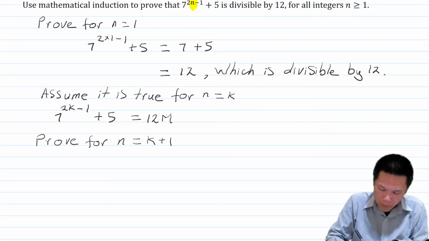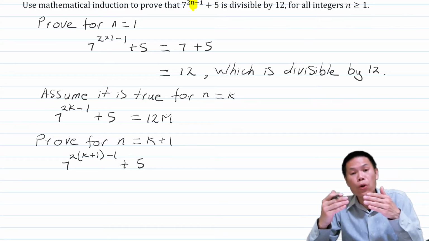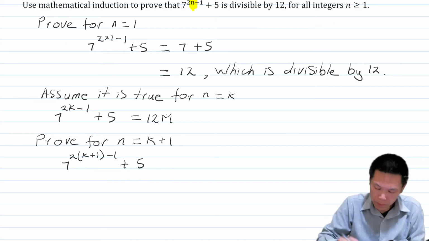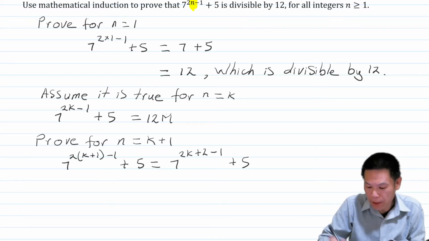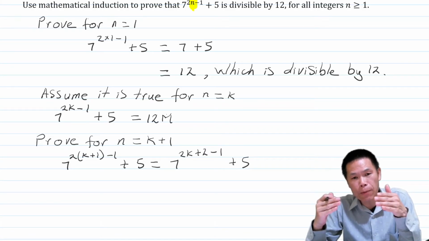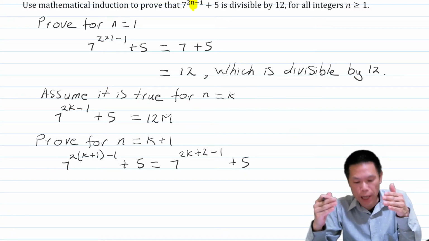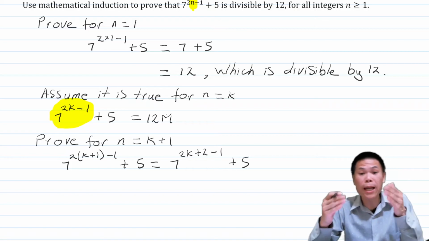So which equals 7 to the power of 2(k plus 1) minus 1, plus 5. So I just expand the bracket first. That will give me 7 to the power of 2k plus 2 minus 1, and we add 5. Now, of course, I can simplify, but it's easier if we just rearrange it, and then we're going to make 7 to the power of 2k minus 1 the subject.